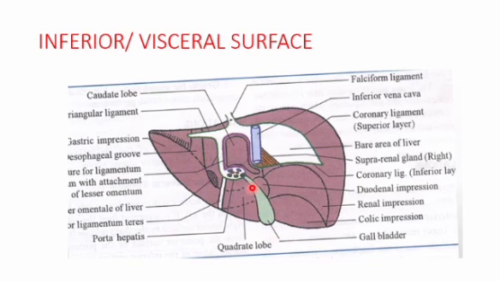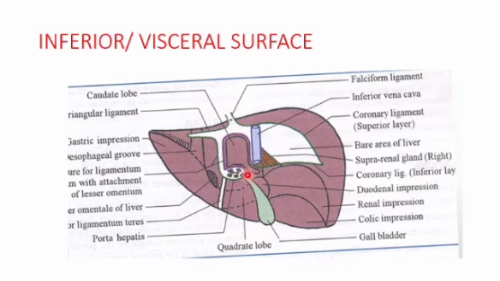And next, coming to the caudate process. In relation with the caudate lobe of the liver, an extension will be seen towards the right lobe of the liver. This is called the caudate process of the liver.